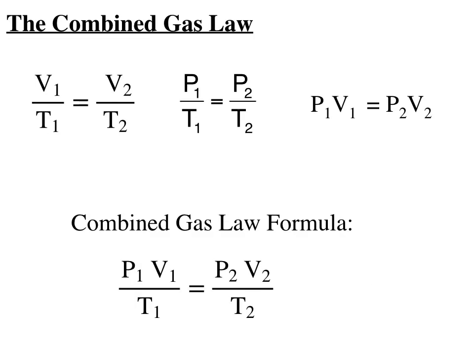The three gas laws that we've seen previously, due to Boyle, Charles, or Gay-Lussac, can be combined into a single formula: P1 V1 over T1 equals P2 V2 over T2. Notice if you take the pressure out of the combined gas law, it looks like Charles' law, V1 over T1 equals V2 over T2.